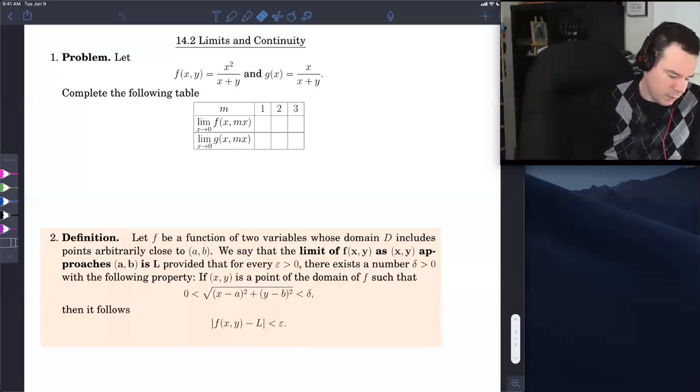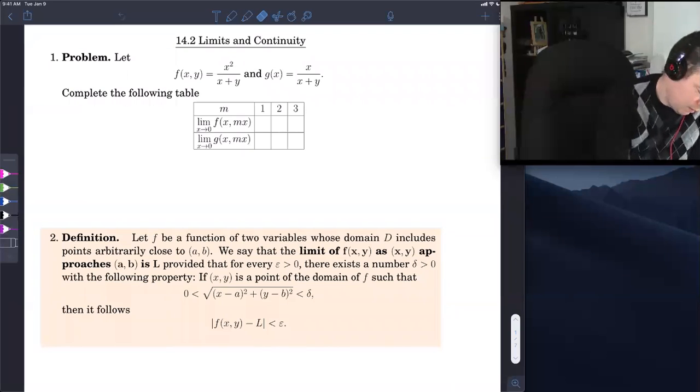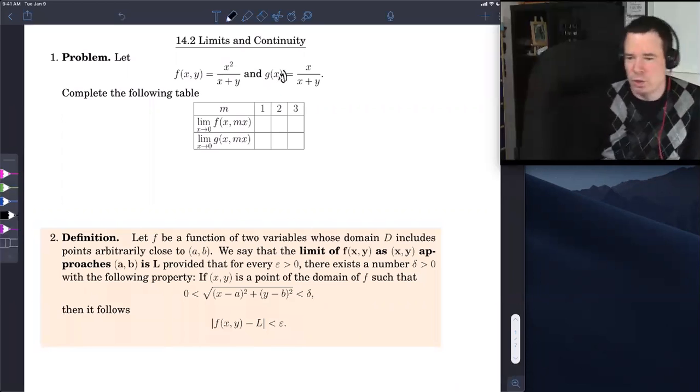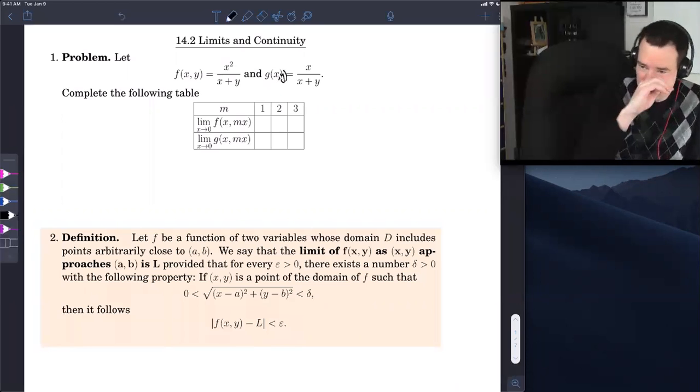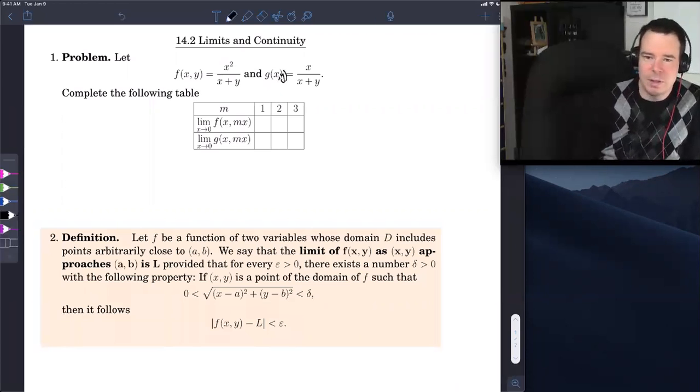We've got functions f of x, y, and this should be a correction here: this is g of x, y. So we've got these two multivariable functions. There's a subtle point here: you'll sometimes hear me say multivariable functions. Multivariable means there's multiple inputs, as opposed to multi-valued functions, which means there's multiple outputs.